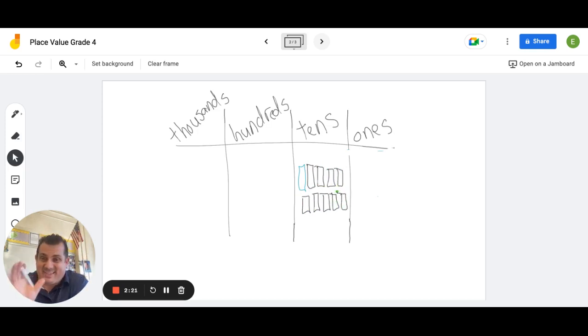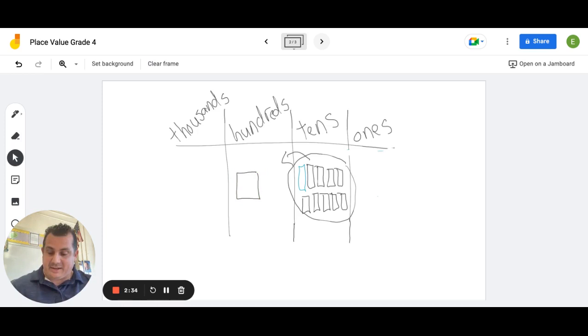We can have 10 tens. We could bundle them together and exchange that for 100, or what you've gone over in third grade is a flat. We say a flat is another name for 100. A long is another name for a 10. And then we had before a cube, and a cube is the same as a 1.